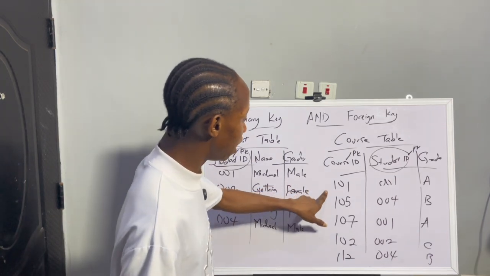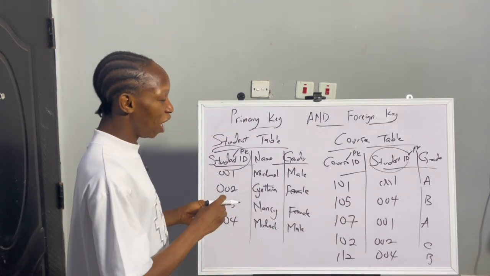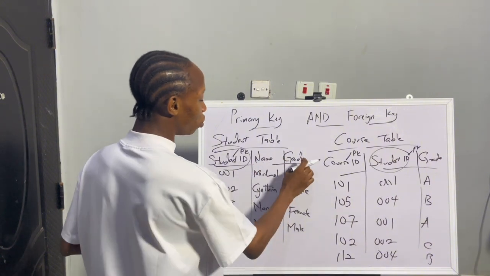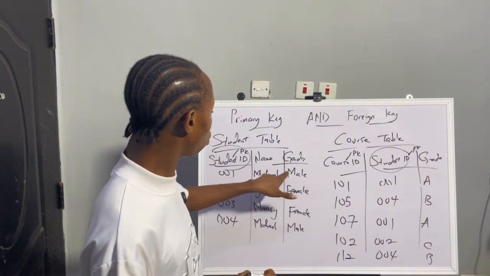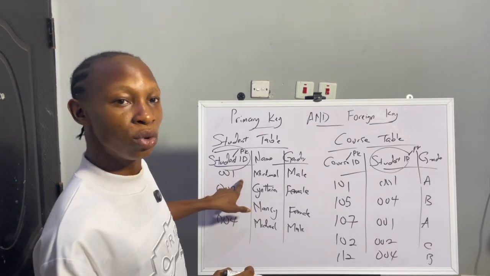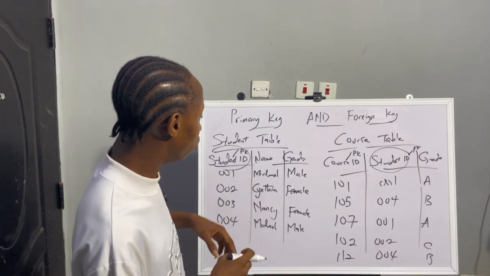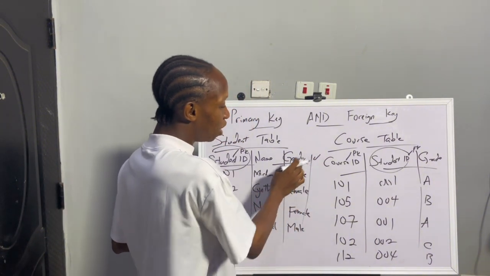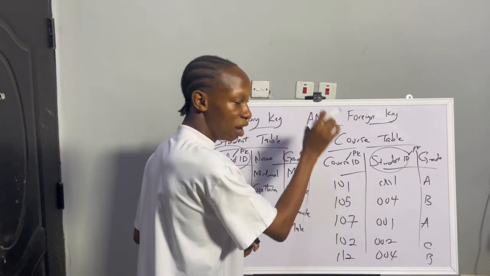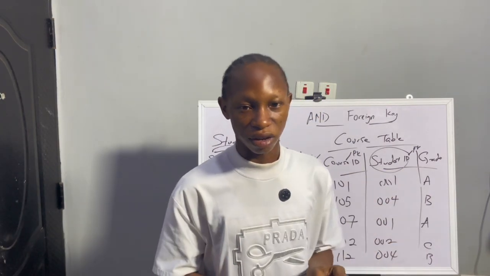Our course ID here is the primary key. Our student ID here is the primary key. If you now want to include the courses which the students partake in that semester in the student table, you can have our course ID here, which is going to be a foreign key to the primary key there. So that's what foreign key and primary key is all about.